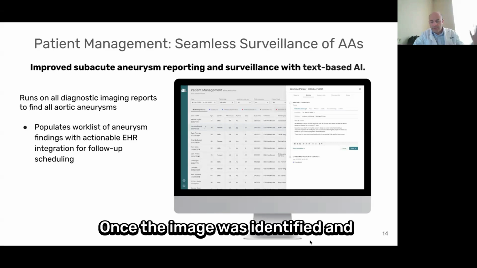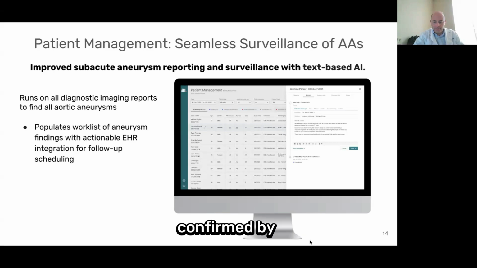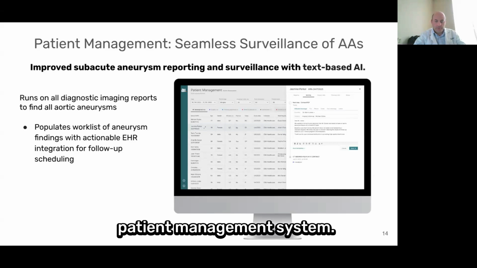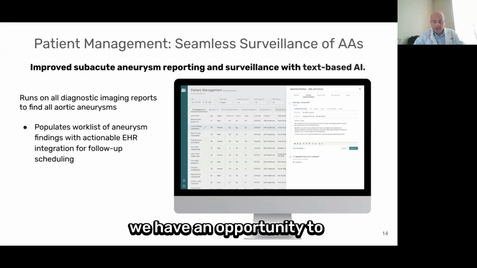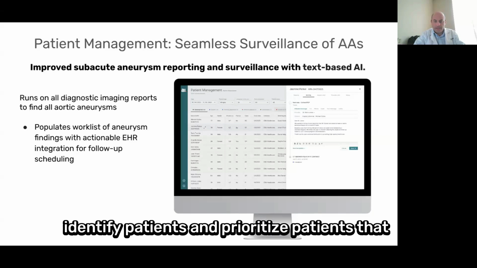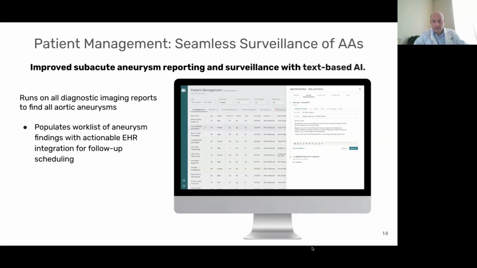So once the image was identified and confirmed by radiologists, it populates in the patient management system. And from there, we have an opportunity to identify patients and prioritize patients that need appointments and need to be notified.